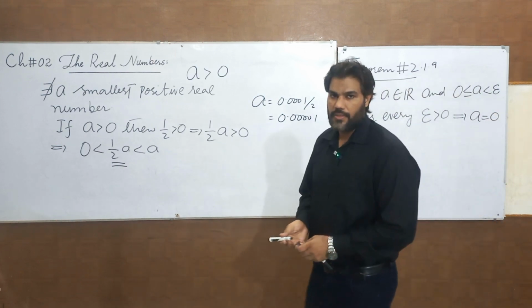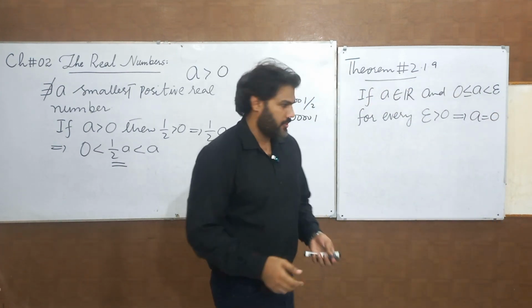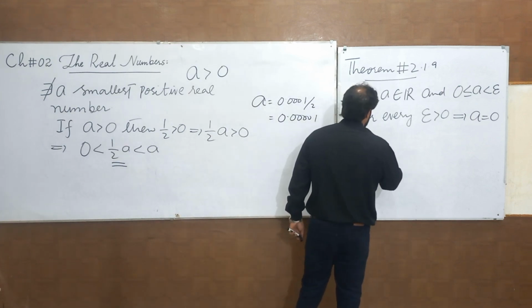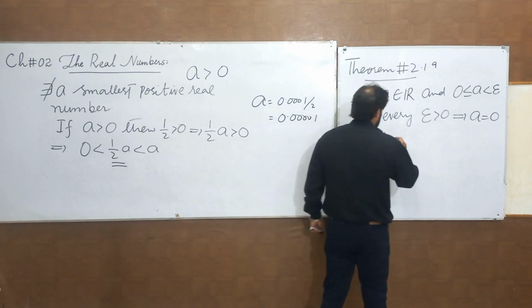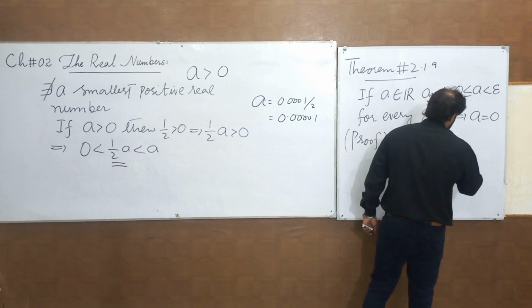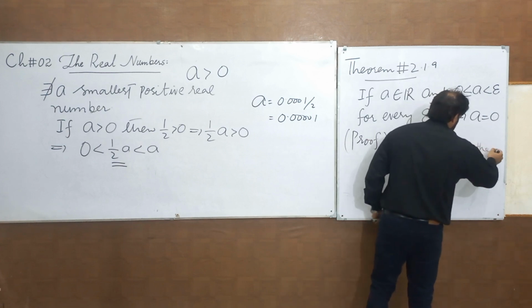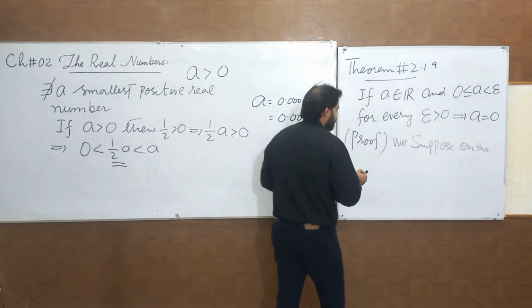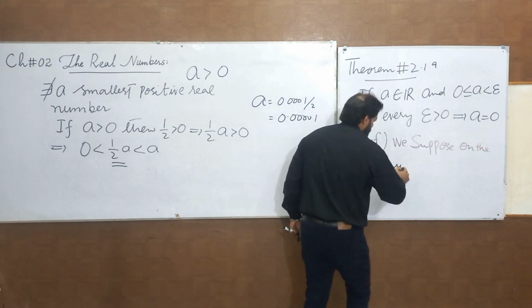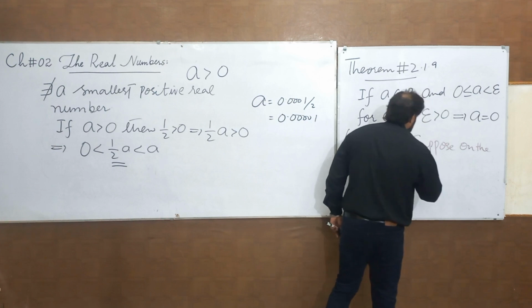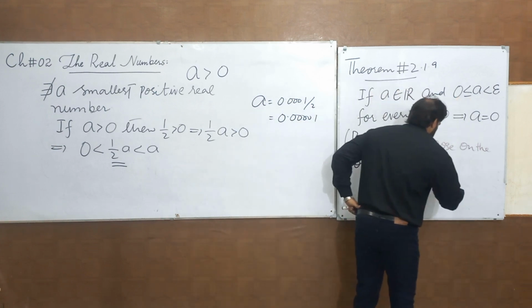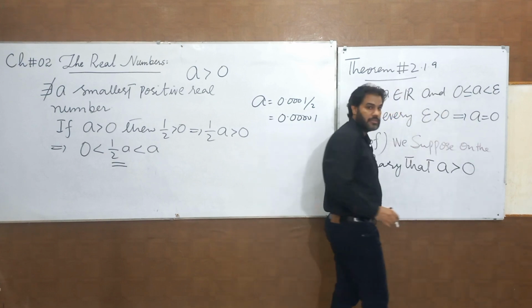We prove this result by contradiction. We suppose on the contrary that a is strictly greater than 0.